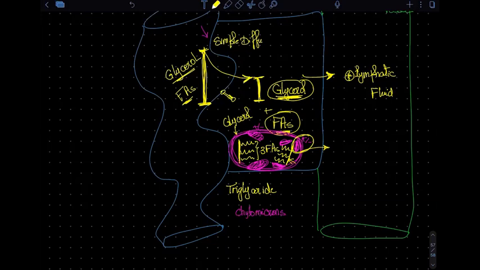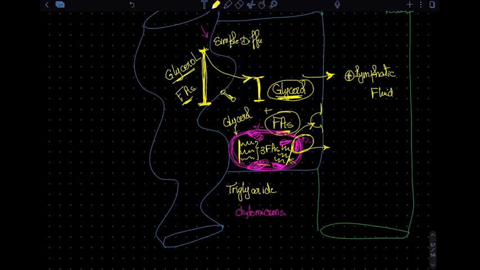So what we're going to do with those chylomicrons, we're going to allow them to be released from the intestinal cell into the lymphatic circulation by exocytosis.